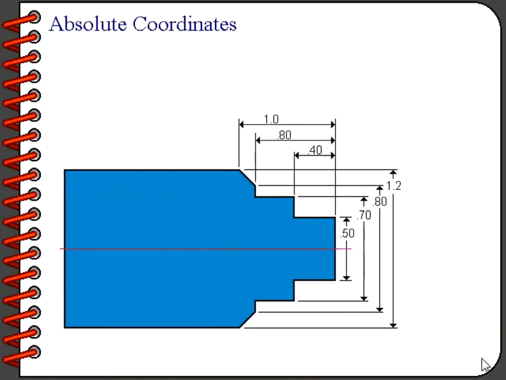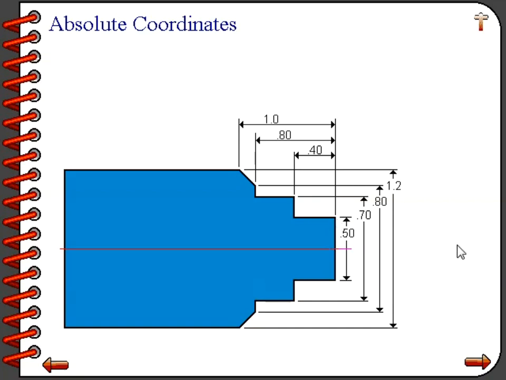When we are programming with absolute coordinates, we are never telling the tool how far to move or in which direction to move. Rather, we are telling the tool what position to move to. For example, if we were to tell the tool to move to X0.5, we would be telling the tool to move to a 1/2 diameter.